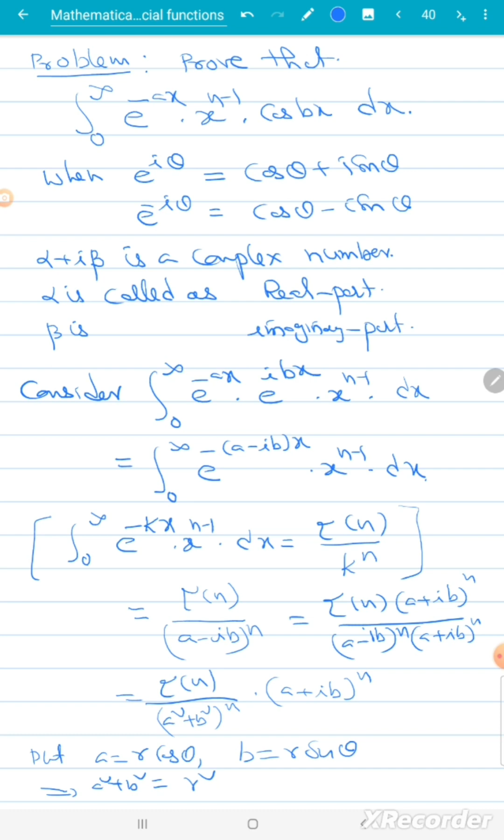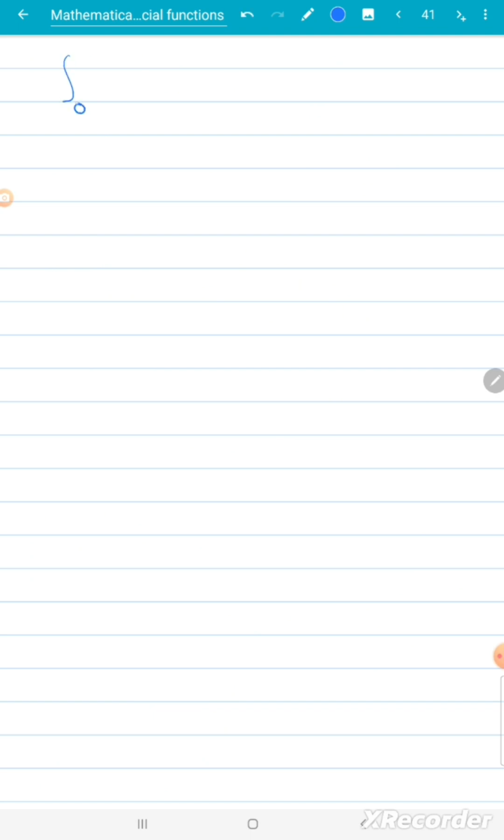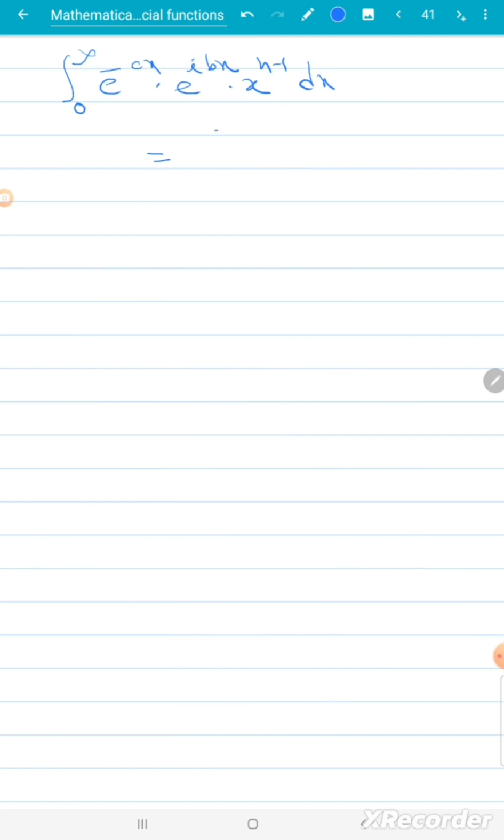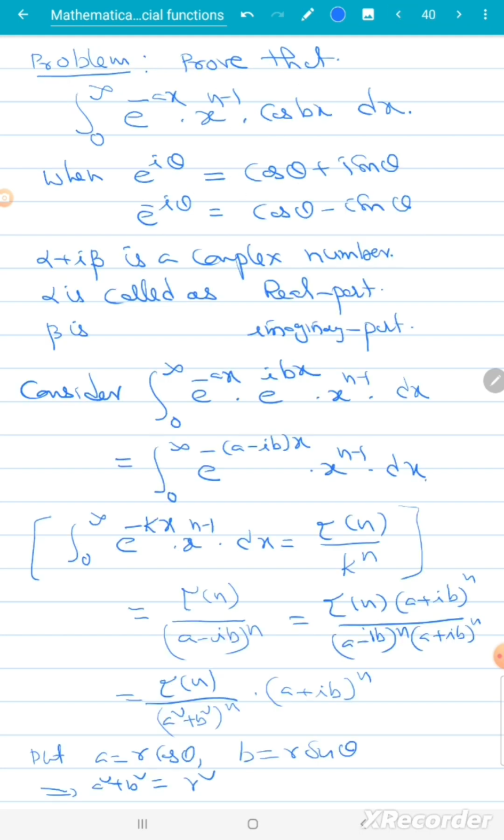Now the result is the integral from 0 to infinity of e power minus ax into e power ibx into x to the power of n minus 1 dx is equal to gamma of n by (a square plus b square) to the power of n into (a plus ib) to the power of n.